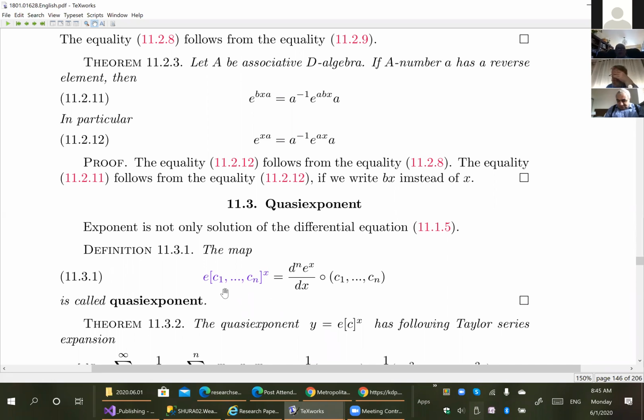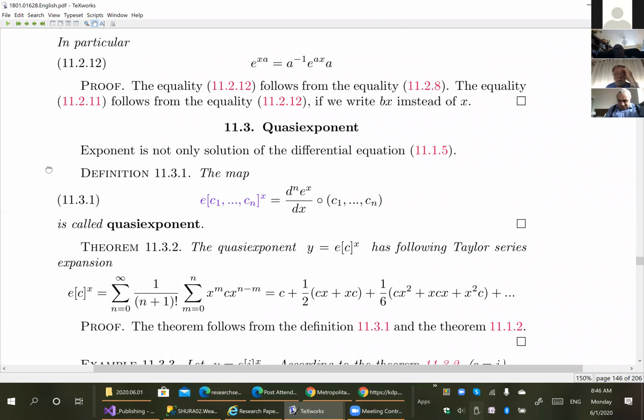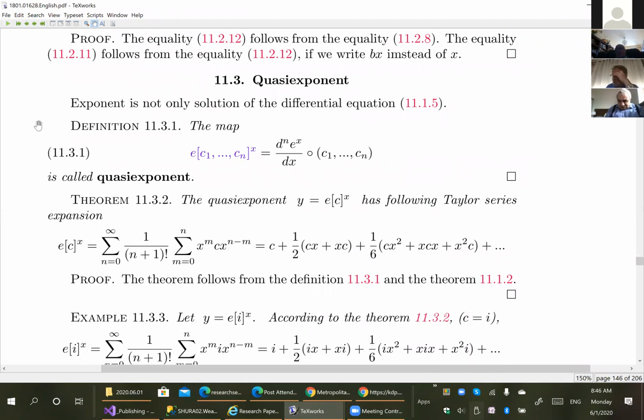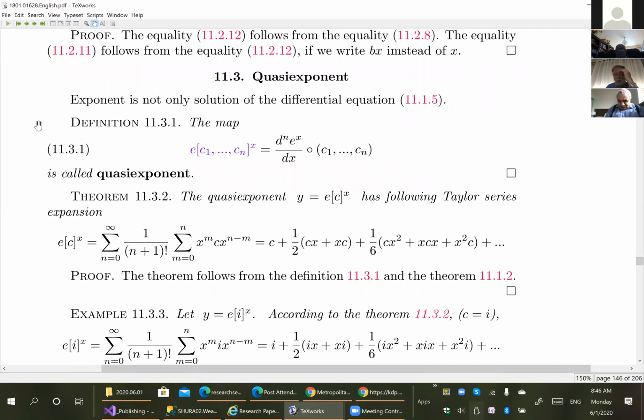This set of functions I call quasi-exponents. Their behavior is very similar to the exponent. But unfortunately, when I go to a function of a real variable, this function disappears.